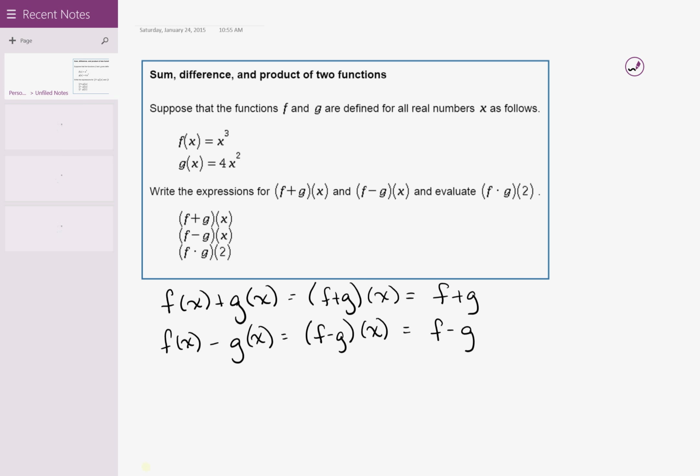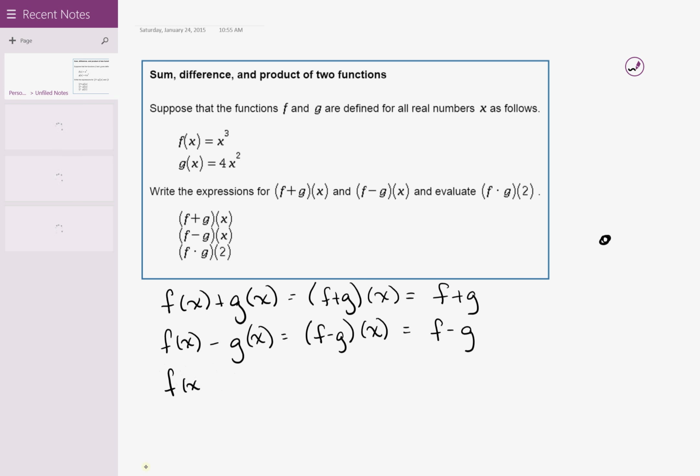Okay, for the product, we have to be a little bit more careful because this circle has to look different than a circle that's open like that. That means something different. So f dot g, the product of f and g, well, I should write this in the same order that I wrote the others.